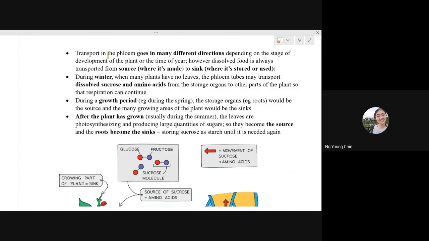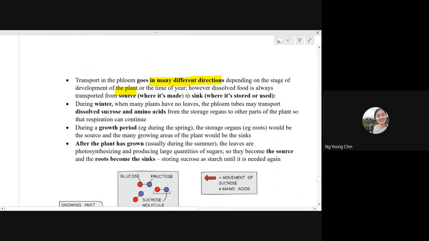Transport in the phloem goes in many different directions depending on the stage of development of the plants, but the dissolved food always goes from source to sink.